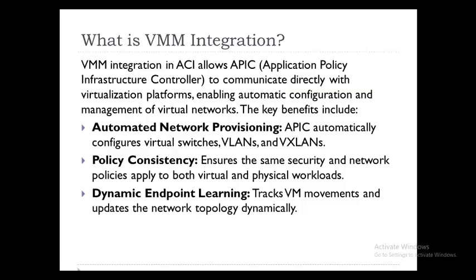Automated network provisioning: APIC automatically configures the virtual switches that are needed, VLANs, VXLANs. All these things are created on the virtual switch. It's not a physical leaf. You have a virtual leaf now to which a lot of VMs are connected. So the VXLAN tunnel ends and exits on the VM switch.